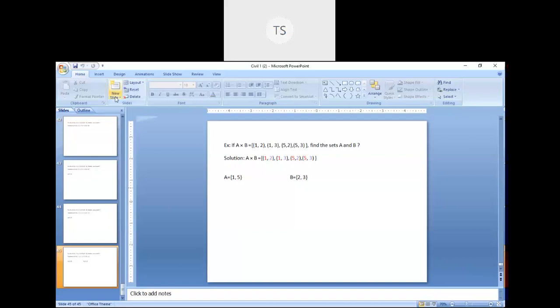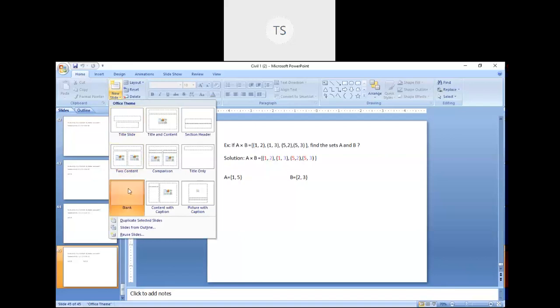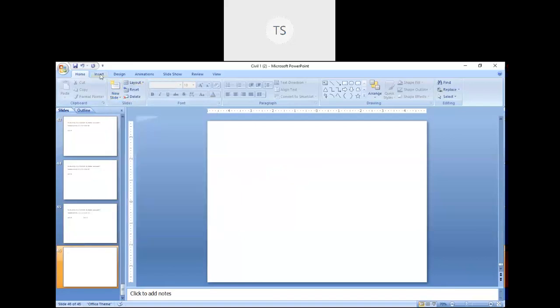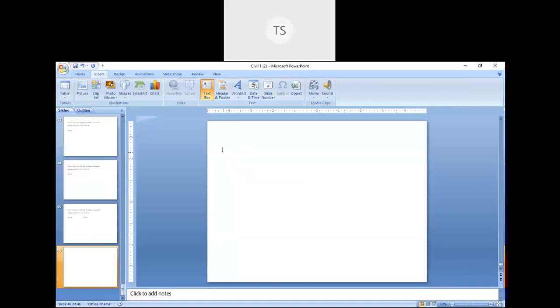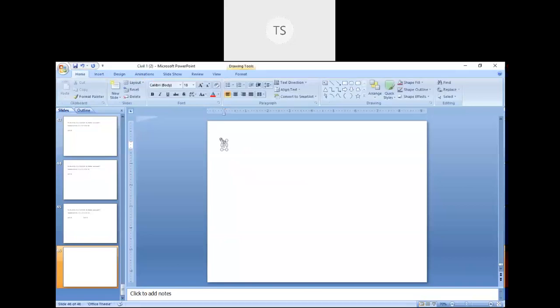Let me ask one example. Suppose you have some set A whose elements are 1, 2, 3 and 4.